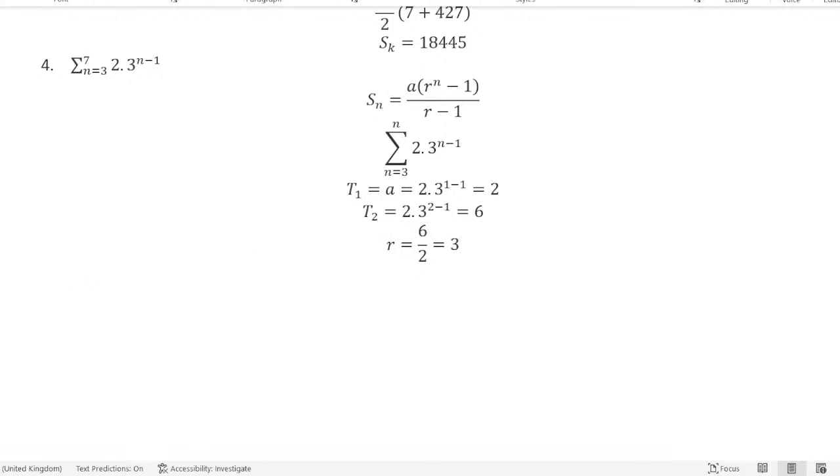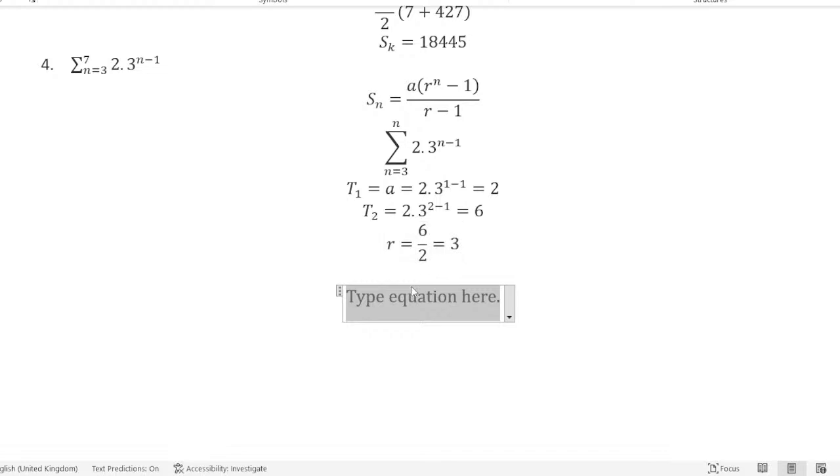Now that we have the value of r, we can use the formula.